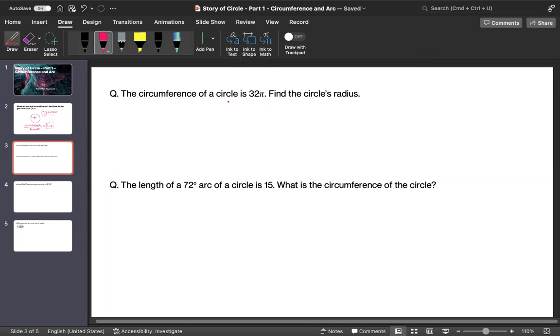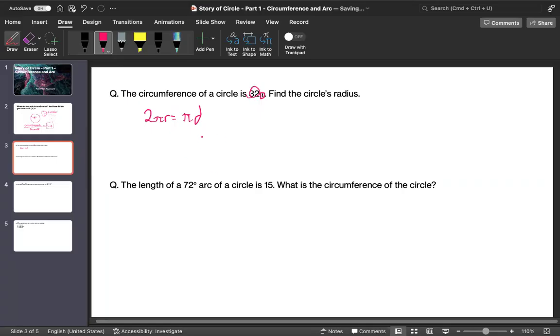We calculate the circumference by doing 2 pi r, which is equal to pi d, where the radius of the circle is r, and the diameter is d. So over here, the circumference is pi times d, so d would be 32.